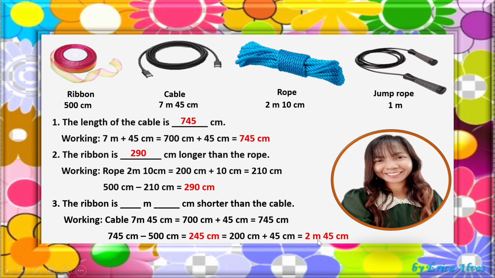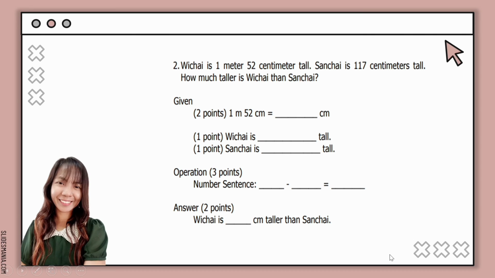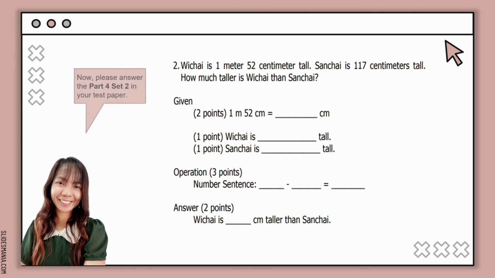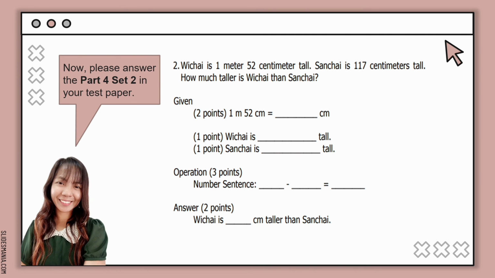So 2 meters and 45 centimeters. The ribbon is 2 meters and 45 centimeters shorter than the cable. So this is the example in comparing lengths, and this is how you're going to do it in part 4, set 2 in your test paper. Alright?